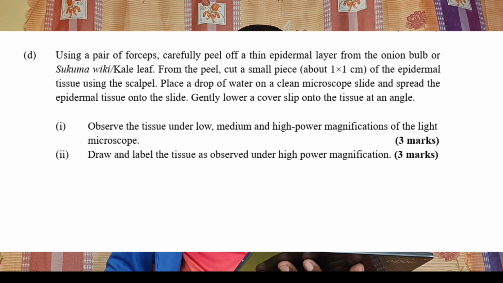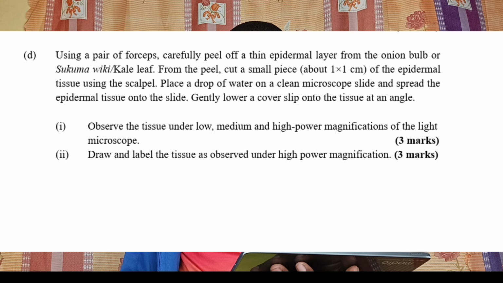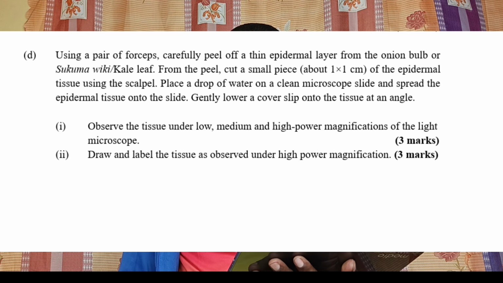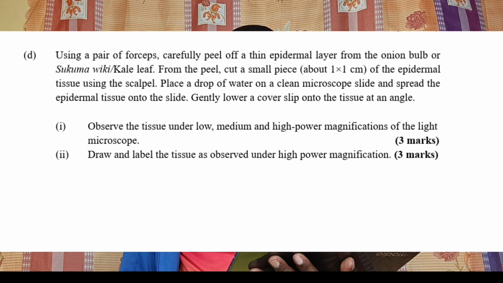Number D, using a pair of forceps, carefully peel off a thin epidermal layer from the onion bulb or sukuma wiki kale leaf. From the peel, cut a small piece about 1 cm by 1 cm of the epidermal tissue using the scalpel. Place a drop of water on a clean microscope slide.